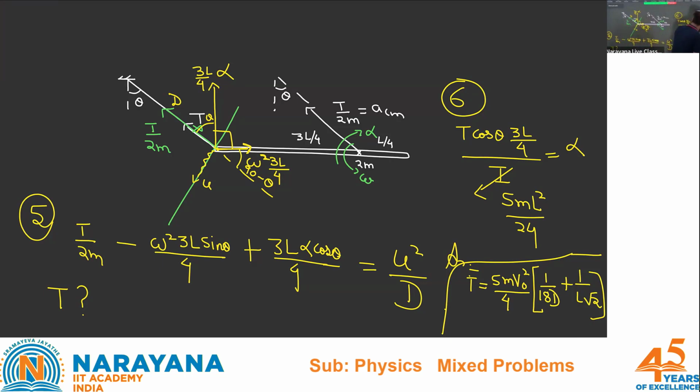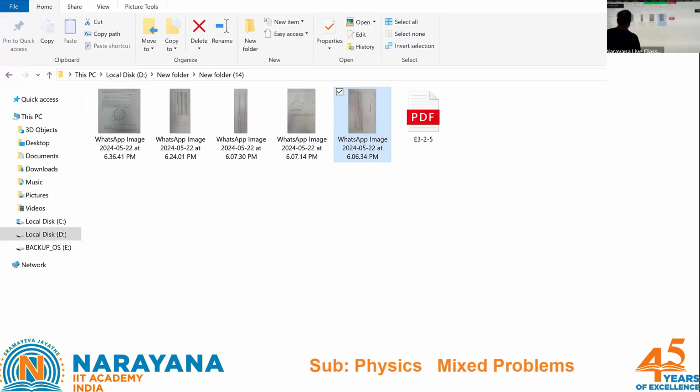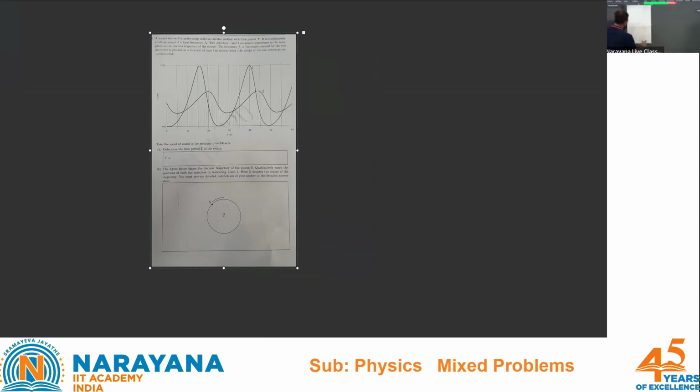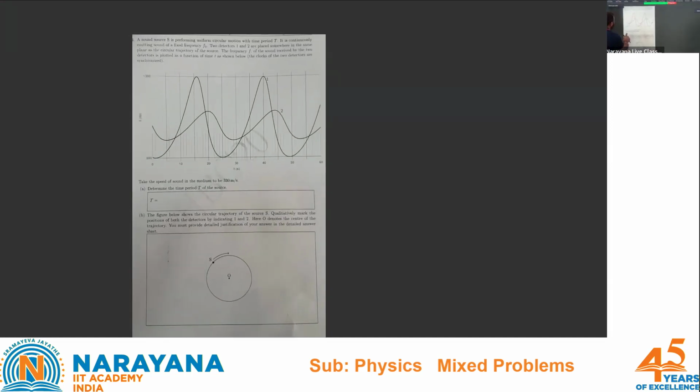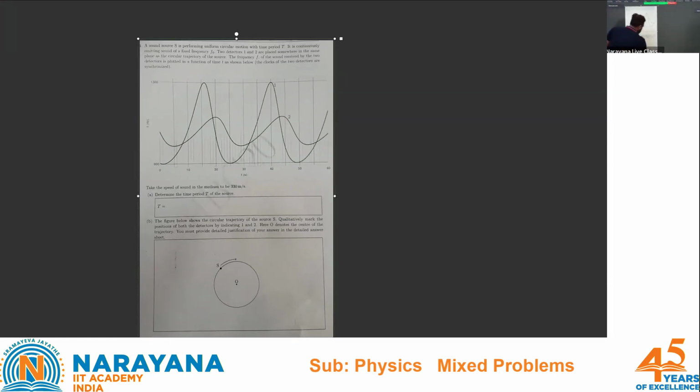Okay, let us move on to the second question for the day. Now, in this problem, analyze this problem for a sound signal which is moving on a circular path.